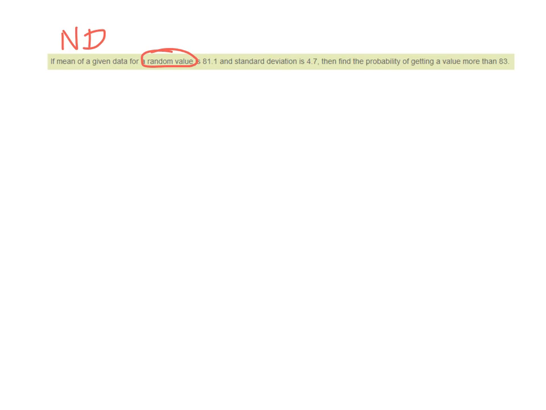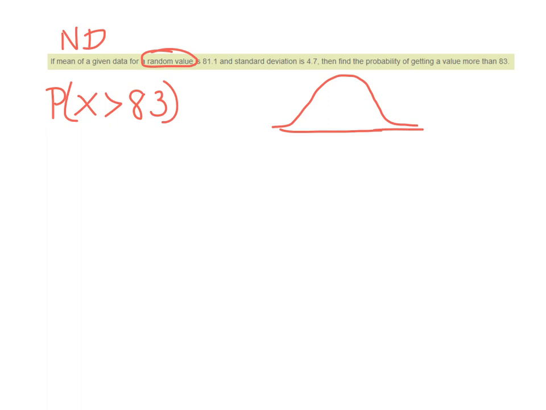So we have the probability that x is greater than 83. If we had a picture of this distribution, our mean would be right here, 81.1, and we want more than 83, so it's somewhere to the right, and it's area to the right.